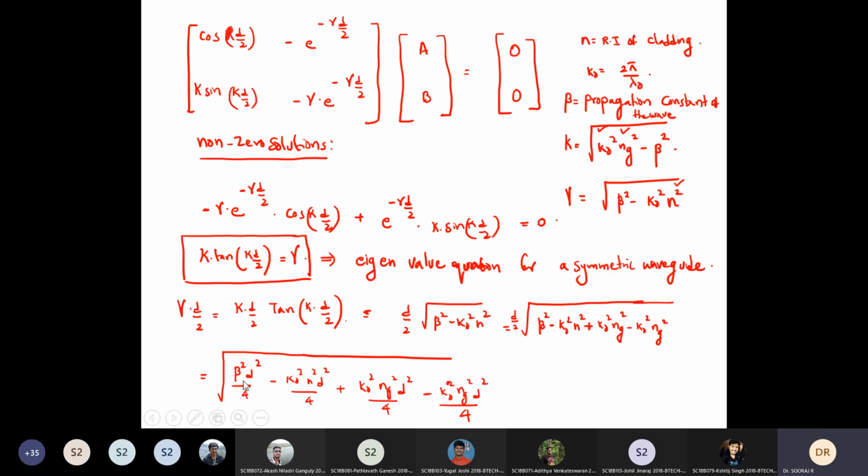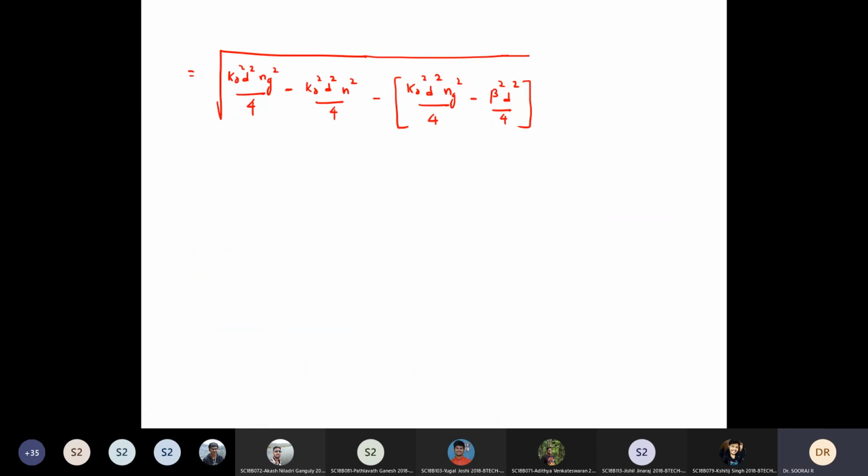I have this positive beta square d square by 4, and I'm just rearranging these two terms. I'm pairing this term and this term, and I'm pairing this term and this term. That's all I have done. So I get something like this.